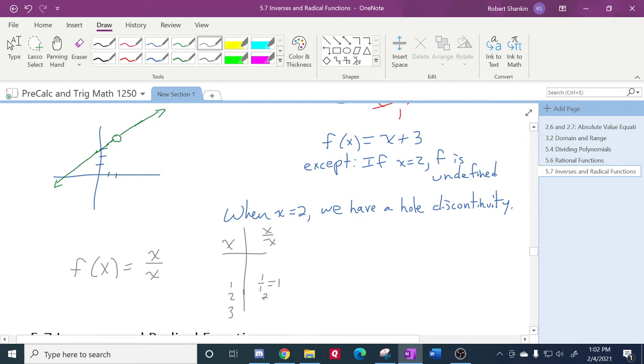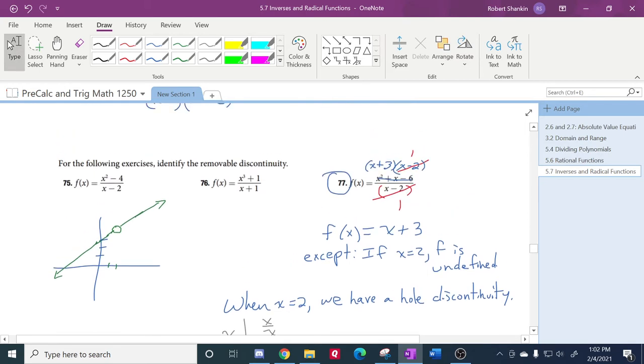When x is 2, you get 2 over 2. When x is 3, you get 3 over 3. You always get 1. But when x is 0, this is undefined. This is the same as f of x equals 1, what happens when you reduce this fraction, except at the hole discontinuity, which is when x is 0.